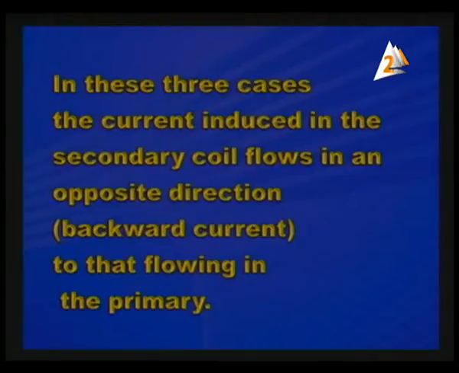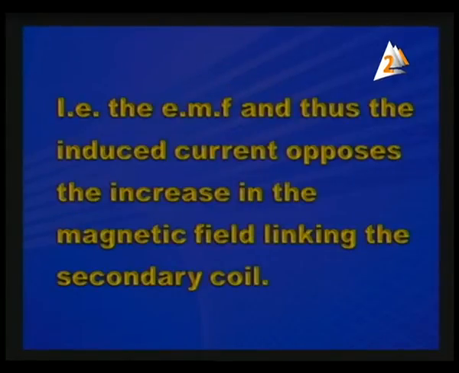In these three cases, the current induced in the secondary coil flows in an opposite direction to the current flowing in the primary coil. That is to say, the EMF and thus the induced current opposes the increase in the magnetic field linking the secondary coil.